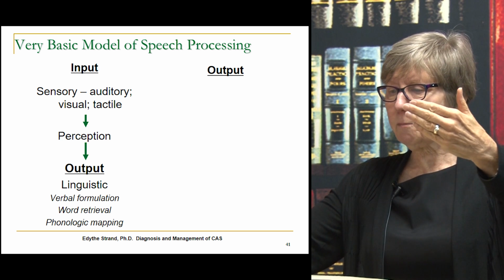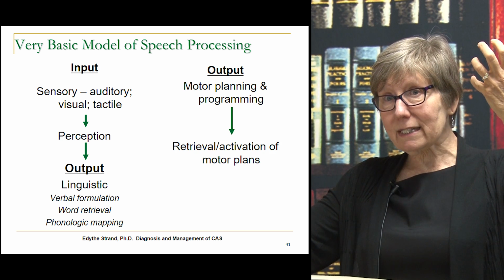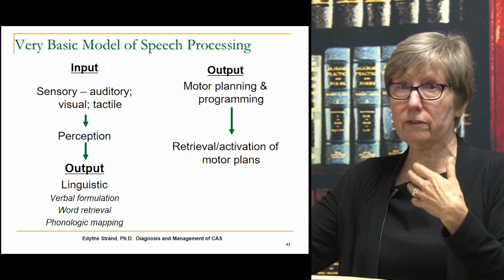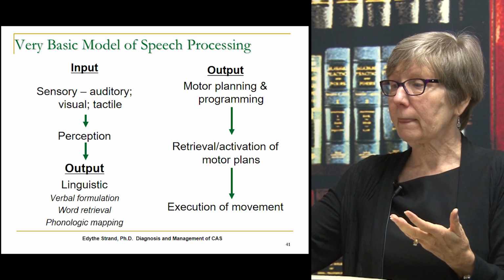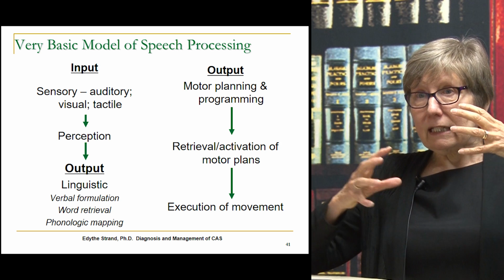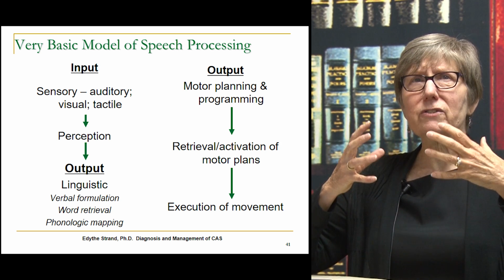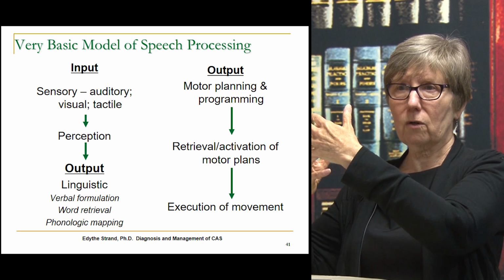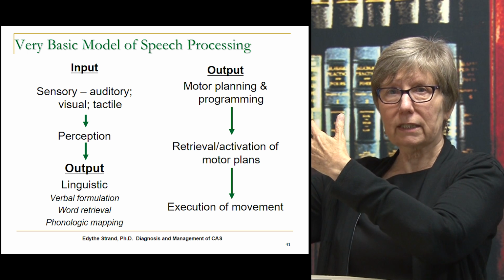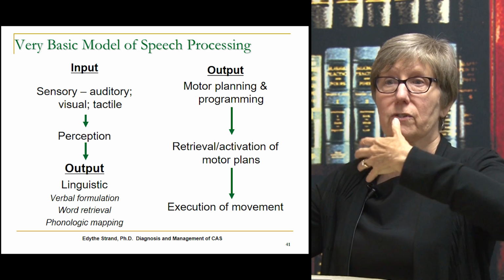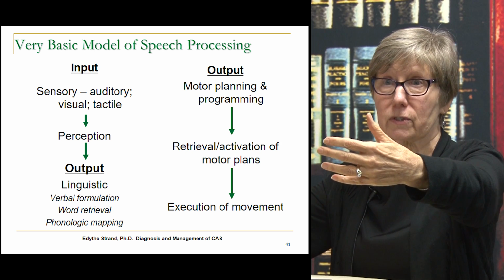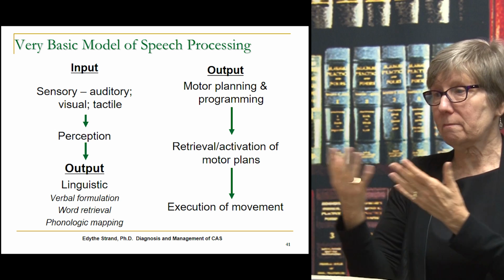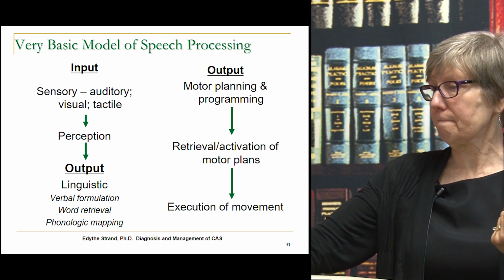When we think about output, we have linguistic processing going on, including verbal formulation, word retrieval, phonologic mapping. And then that linguistic input has to somehow be translated to a code that will result in actual movement so the listener can hear acoustic output, right? So we've been talking about this motor planning and programming.